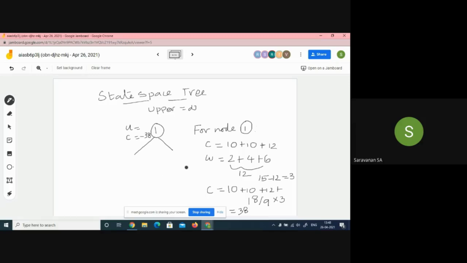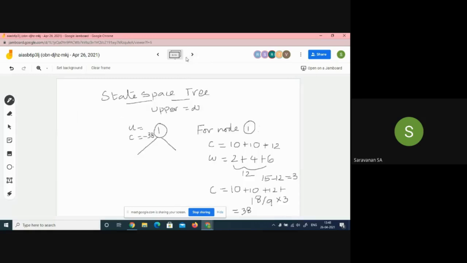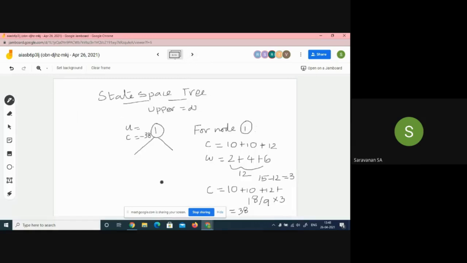And what for u now? As I told you, you calculate c only for fractions. For u, you can calculate simply without including the fractions. So for u, 10 plus 10 plus 12, this will give you weight below 15.